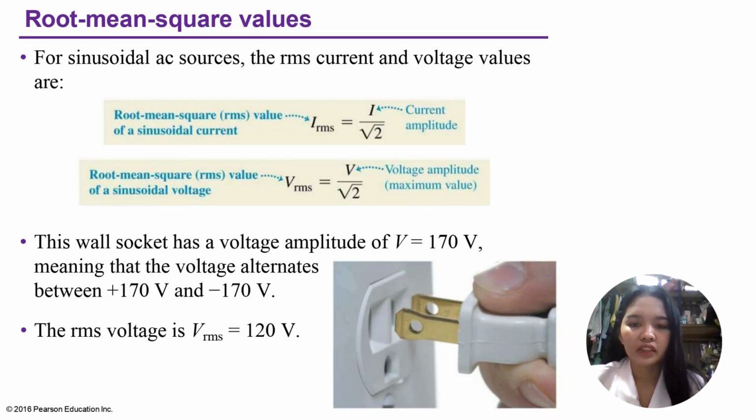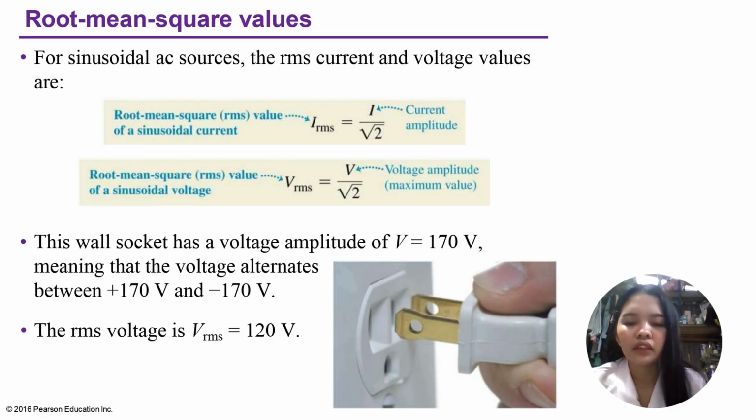For sinusoidal AC sources, the RMS current and voltage are related to their respective peak values by simple formulas. The RMS current I_rms is equal to the peak current I divided by the square root of 2. Similarly, the RMS voltage V_rms is equal to the peak voltage, denoted by capital V, divided by the square root of 2. So V_rms = V over the square root of 2.